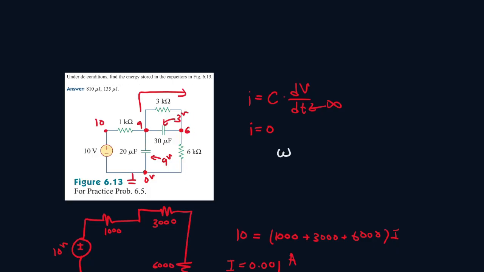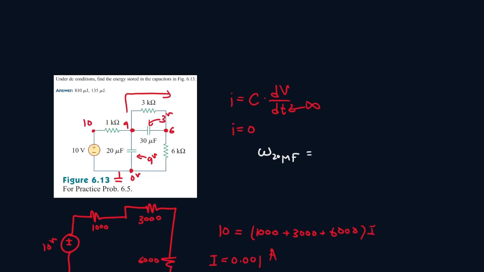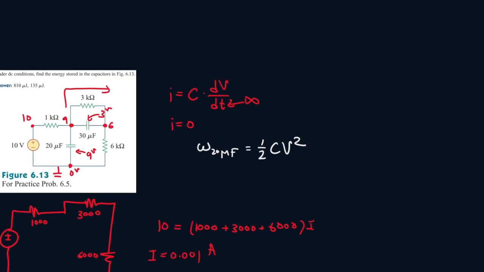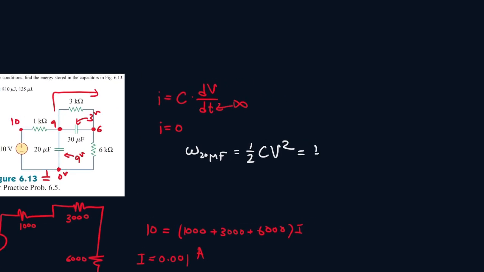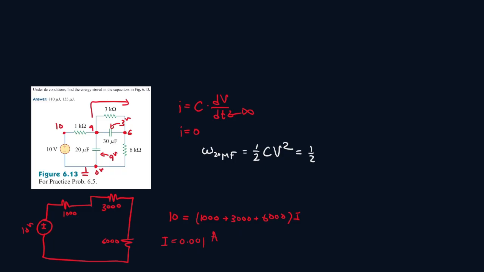So for the 20 microfarad capacitor, the energy is equal to 1 over 2 times the capacitance times the voltage squared. So this one will be 1 over 2 times the capacitance, 20 divided by 1000, which is 0.02, times the voltage, 9 squared.